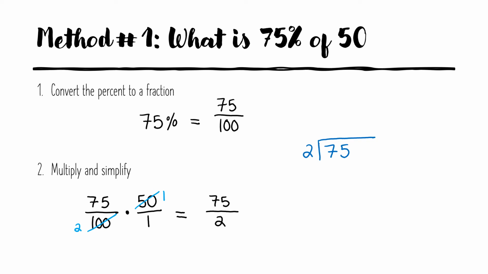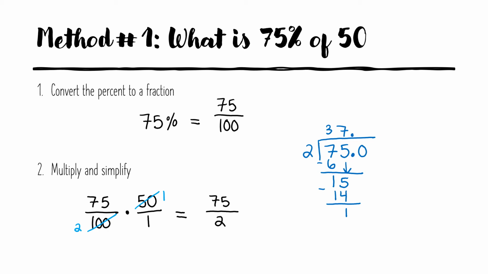2 goes into 7 3 times. 7 minus 6 is 1. Then we'll bring down our 5. 2 goes into 15 7 times, which gives us 14. 15 minus 14 is 1.